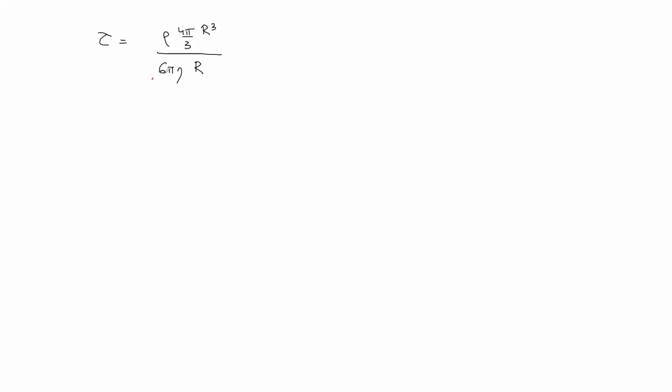So there is this pi that vanishes. Then you have rho eta r squared. And then as a prefactor, we are left with something like 4 over 18, which is 2 over 9.